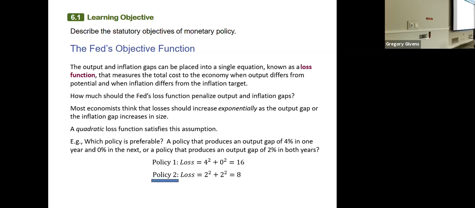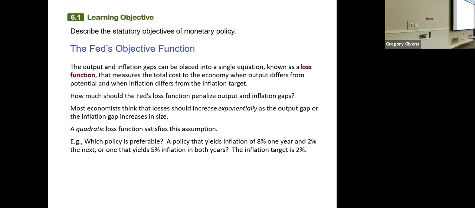Perhaps it's clearer if we look at an example with inflation, okay? Let's suppose, again, the Fed has 2 policies that it's contemplating. One yields an inflation rate of 8% this year and then 2% next year. The other policy yields an inflation rate of 5% this year and then 5% in the next year. Let's assume that the Fed's inflation target is 2%. Well, what is the policy loss under the first option?